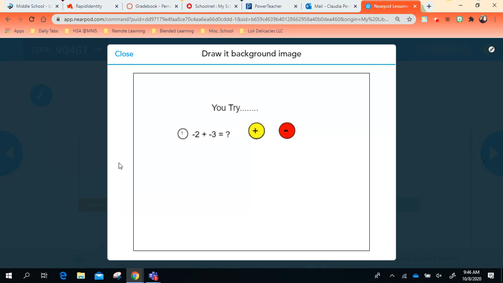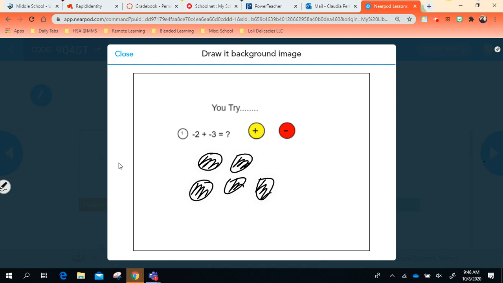Okay, so for my -2, am I using my empty circles or my full circles? Full circles. So I have 1, 2. And then for my -3, empty or full? Full again, because it's still negative. Now my big question is, can I create 0 pairs? No, I can't. I can only create 0 pairs with a positive and a negative.